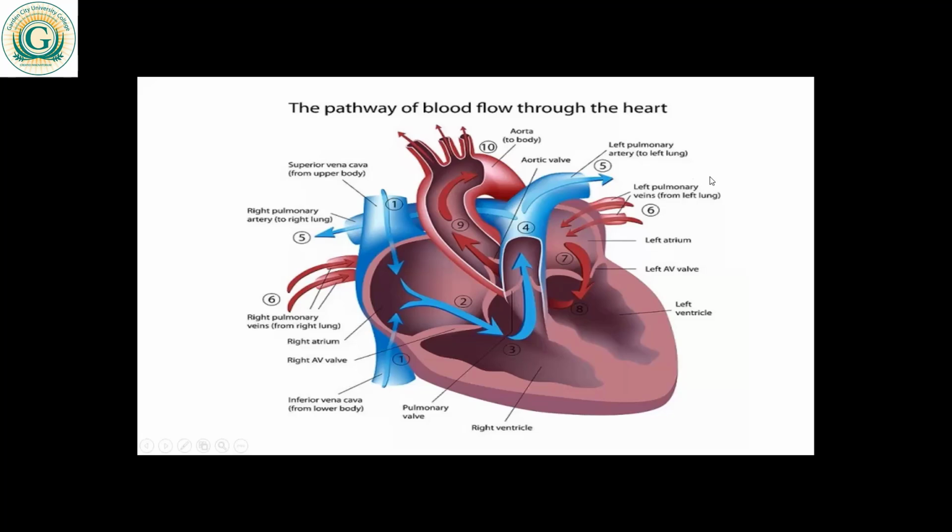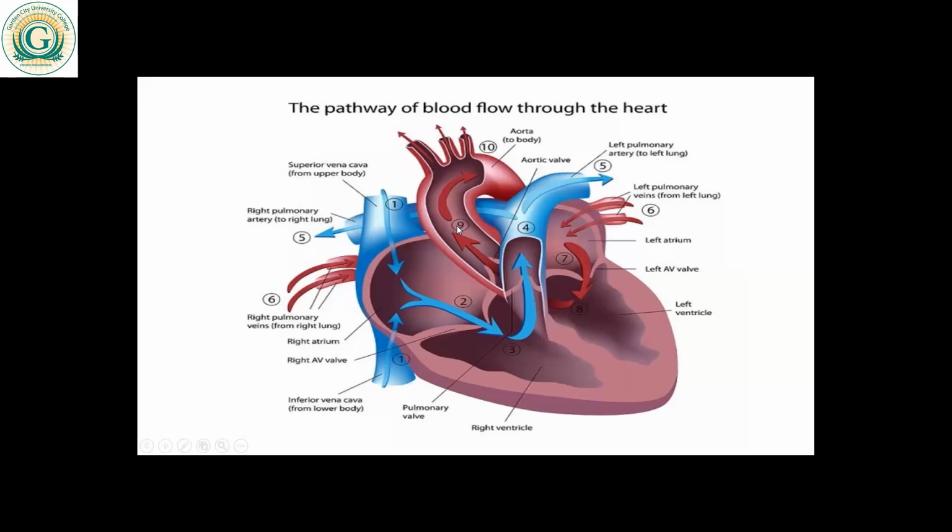So when the blood is returning from the lungs, that is where it's highly saturated with oxygen. Now this oxygenated blood enters the heart through the pulmonary veins. It enters the left atrium, then it flows into the left ventricle. Then the blood from the left ventricle leaves the heart through the aorta.